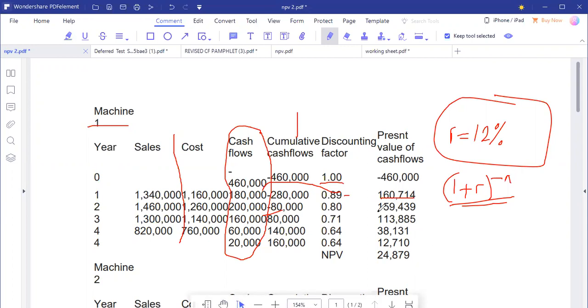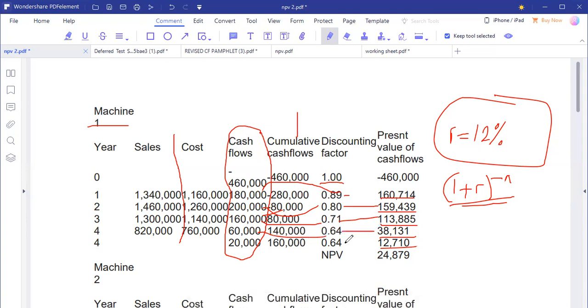So this is how we are getting these figures to get the present values. These ones are coming from the multiplication of these ones multiplied by that one to get the other one. This one multiplied by that one to get that one. Similarly, this one multiplied by that to get that one.